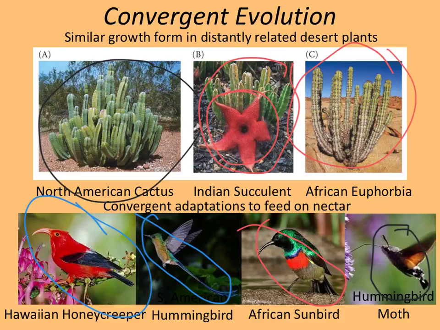Desert. So they evolved adaptations independently in each of those places, but there's only so many solutions, aren't there? So it's likely that the same sorts of adaptations are going to be evolved because there's only a certain number of solutions.